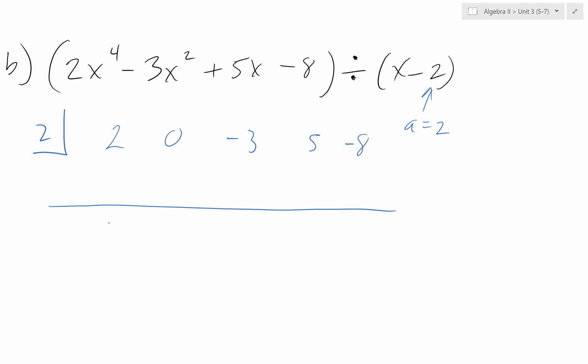All right, so now we bring down the first number. Multiply. Add. Multiply. Add. Multiply. Add. Multiply.